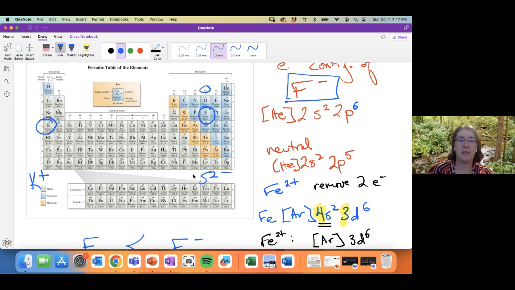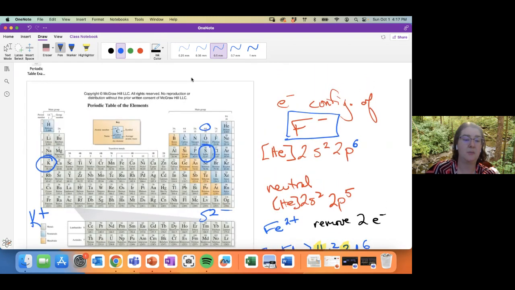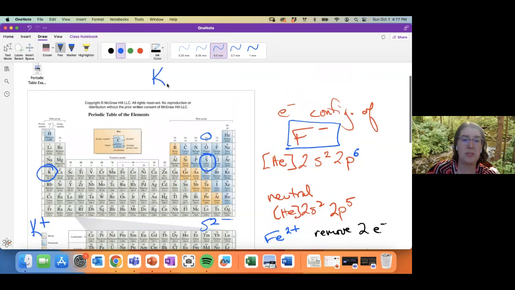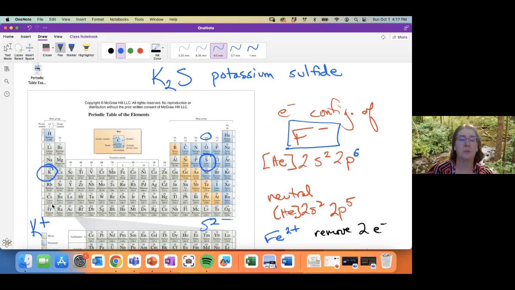So I would expect potassium and sulfur to come together as 2 potassiums and 1 sulfur, K2S. This should just be potassium sulfide, because I have potassium in that alkali metal group. So yes, you can assume that all of those are neutral.